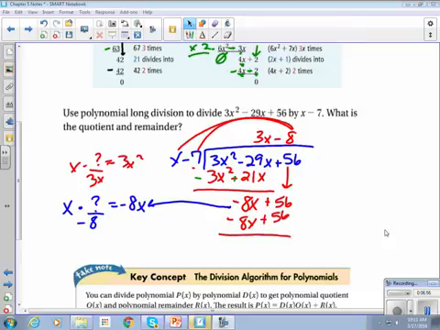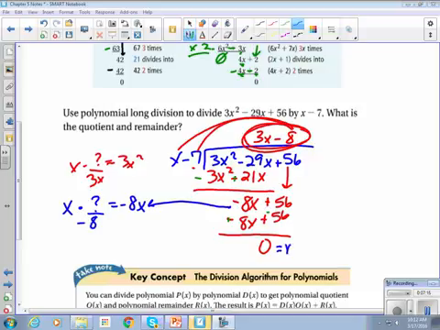Then we change the sign and we add those together, giving us remainder 0, so our answer is 3x minus 8. The quotient is 3x minus 8, and the remainder is 0. Sometimes we're going to get a remainder. It's going to be okay.